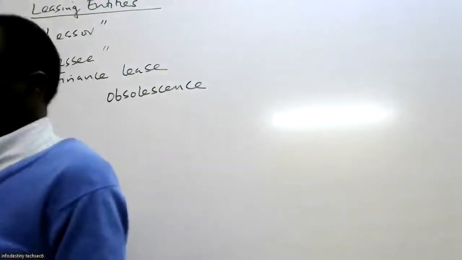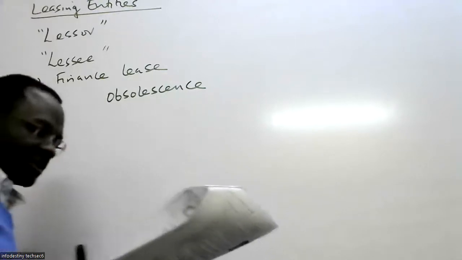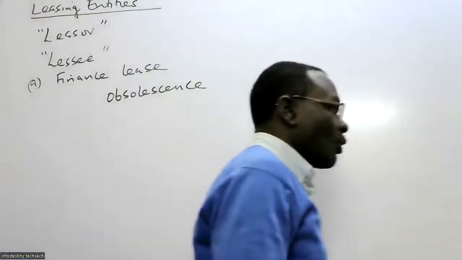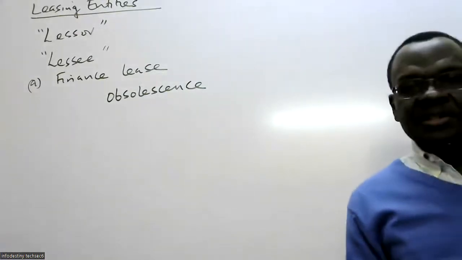Okay. Then the next type of lease, B, operating lease.